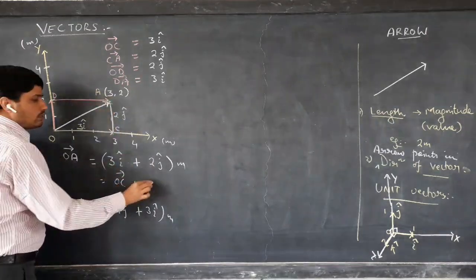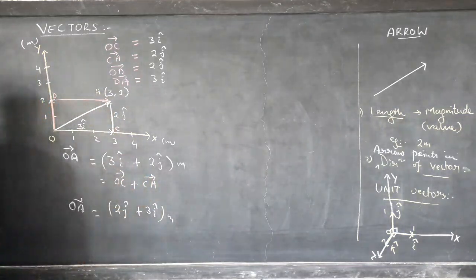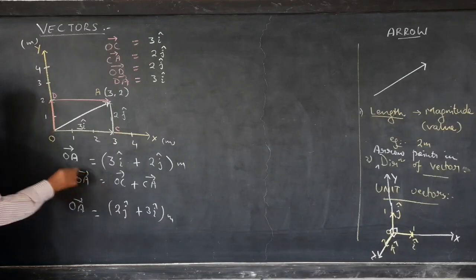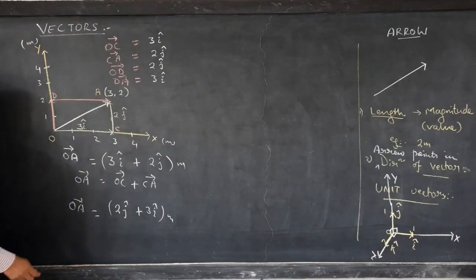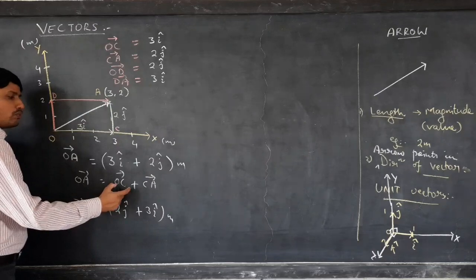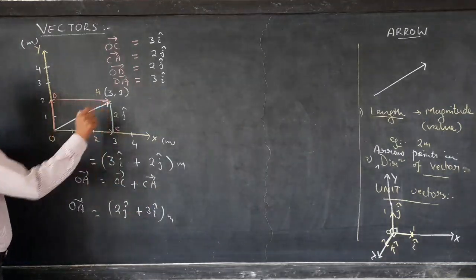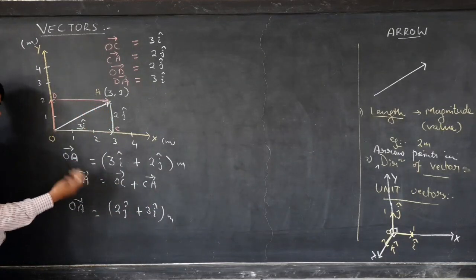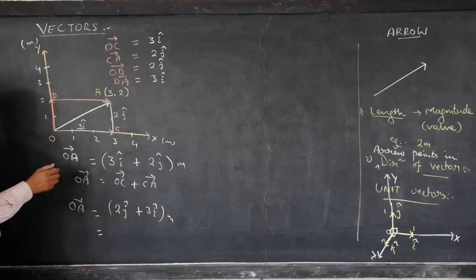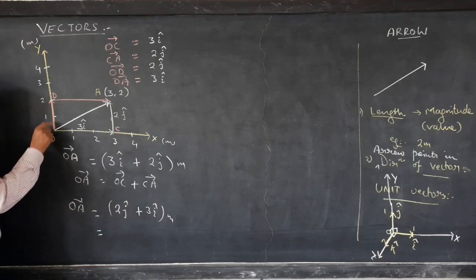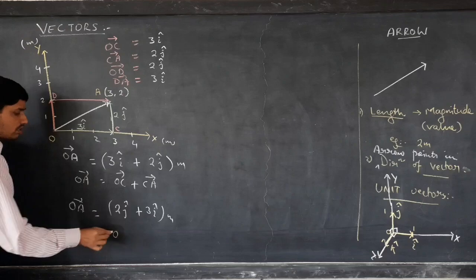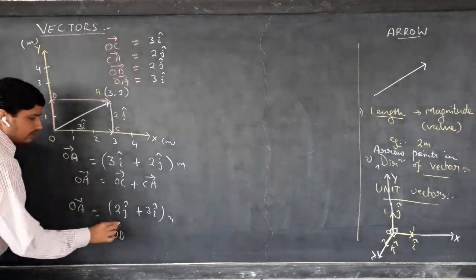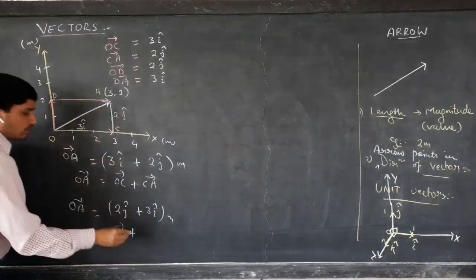And this one is CA vector. So here we got an important thing, that OA vector is the resultant of the effects of OC vector and CA vector. In another form, you can say OA vector is the resultant effect of these two vectors, OD vector and DA vector.